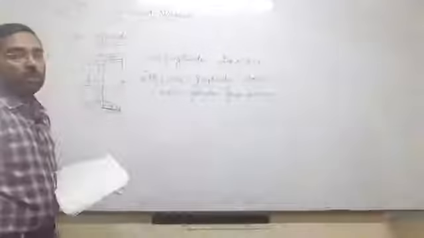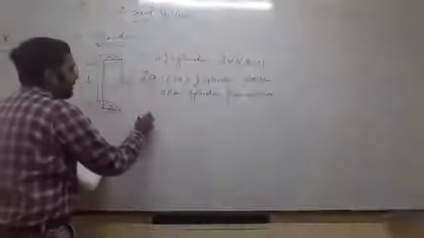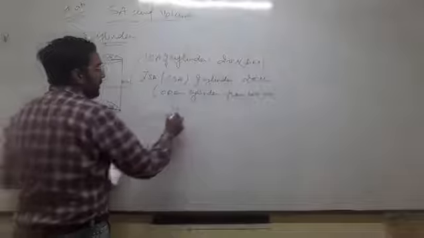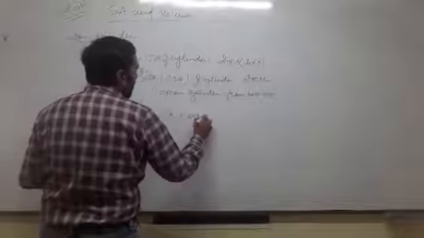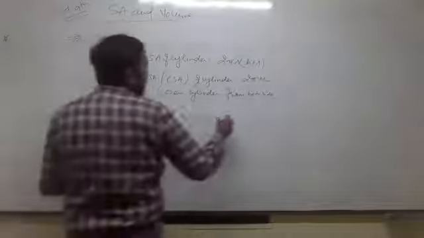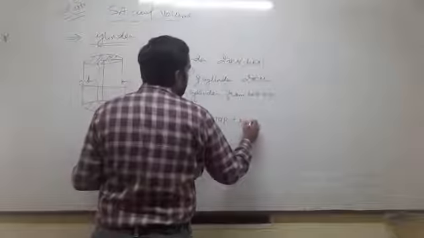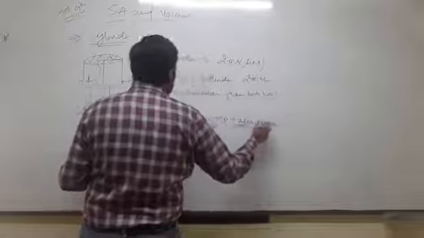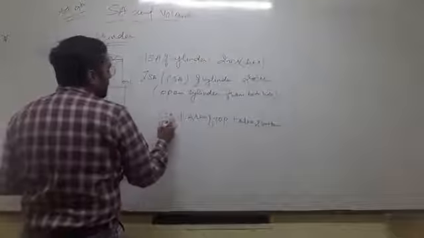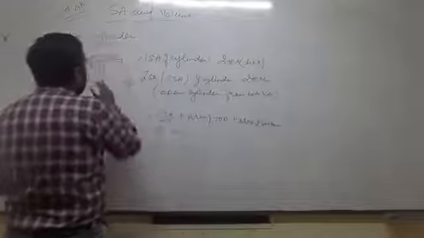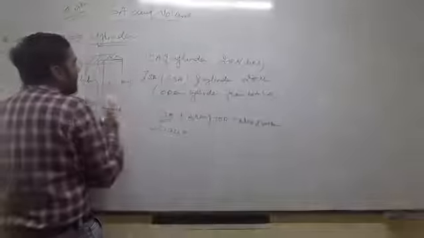So the curved surface area of my cylinder is 2 pi r h, plus the area of the top, which is a circle.